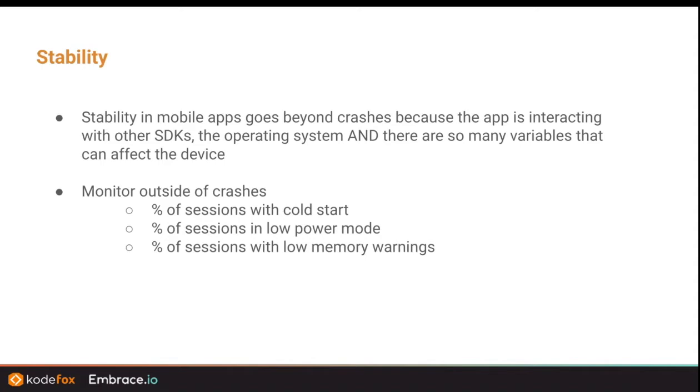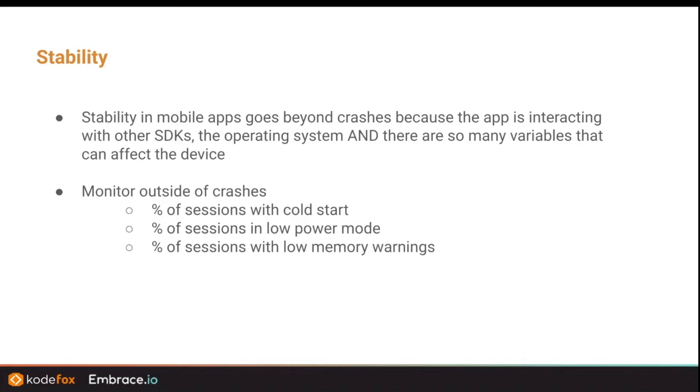So one of the big metrics that I like to look into is the percentage of sessions with the cold start. Typically, if your app goes into the background and the user opens it up again, you'll get a warm start. But if your app is using too much memory or CPU or is hanging the main thread, the operating system will kill it if it goes into the background.